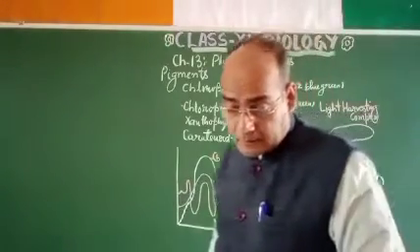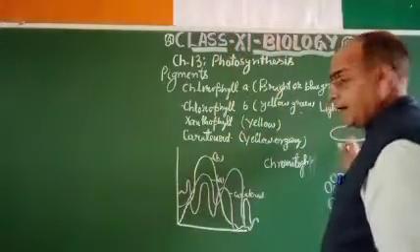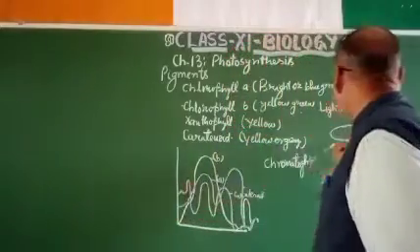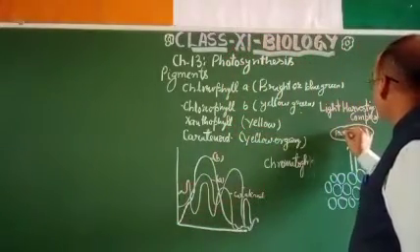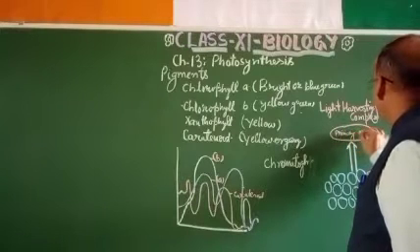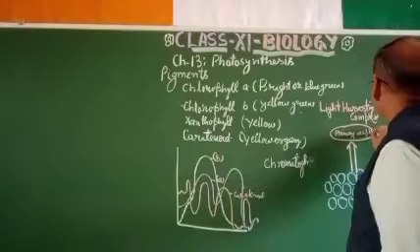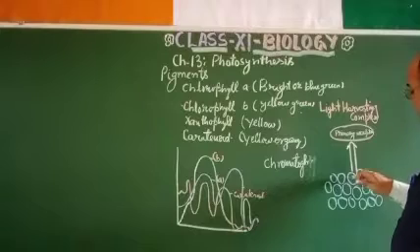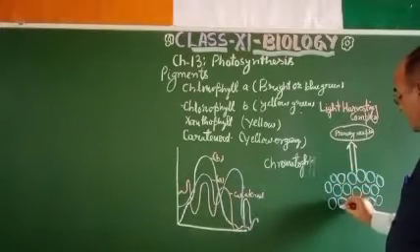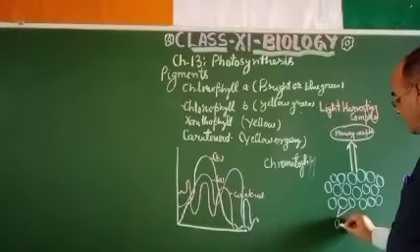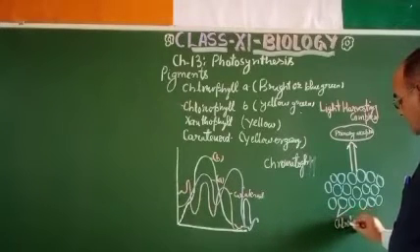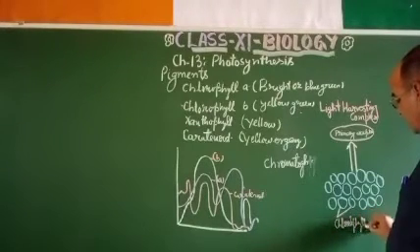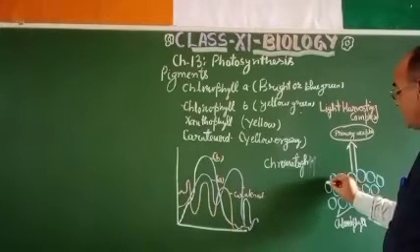This is the center for the reaction, and this will be the primary acceptor. This primary acceptor facilitates the absorption of light into these chlorophyll molecules. These are the chlorophyll molecules, and these are the photons.